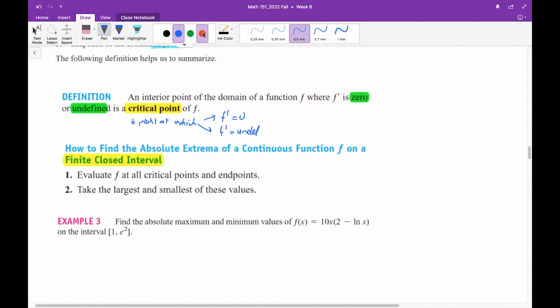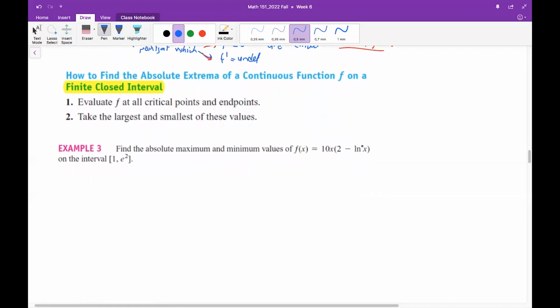If one of these two cases happens, either the first derivative is 0 or undefined, then they are called the critical points of your function. Okay, so I'm talking about the plural case. Points at which you have either that or that are called the critical points of your function.